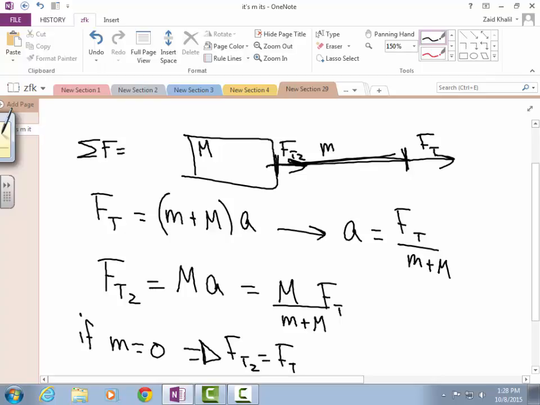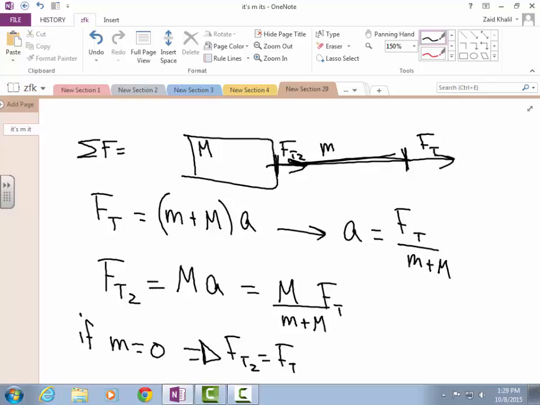In other words, the very fact that the string is massless tells you that the tension is uniform along the string. And as you can see, which is greater, Ft2 or Ft? You sure?